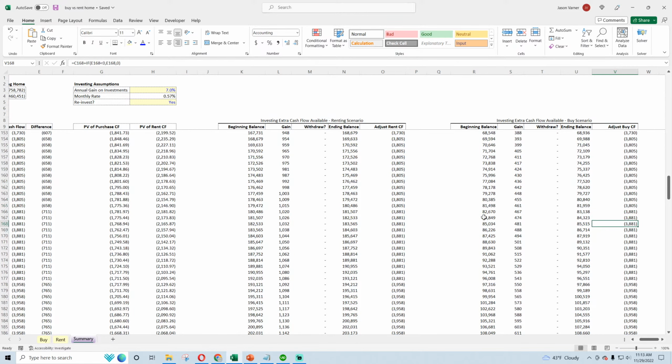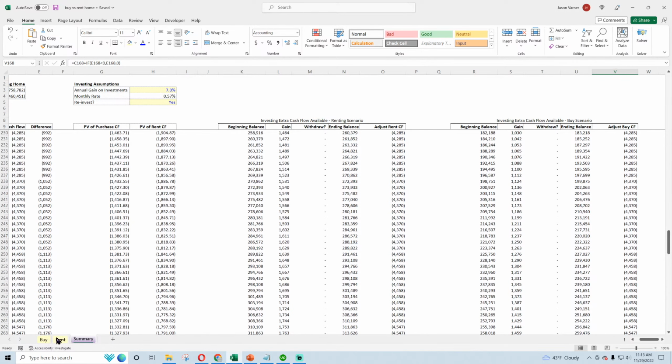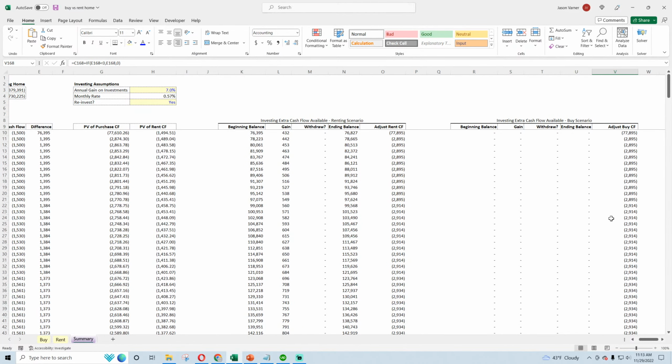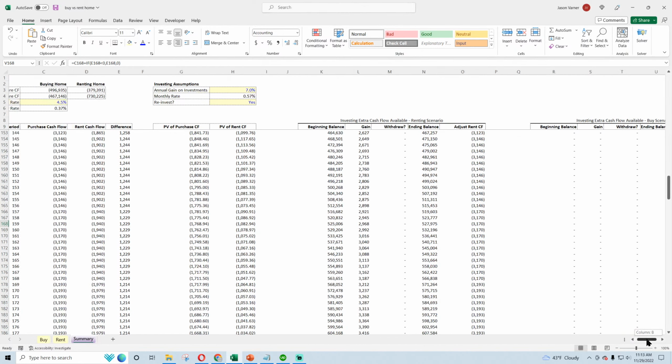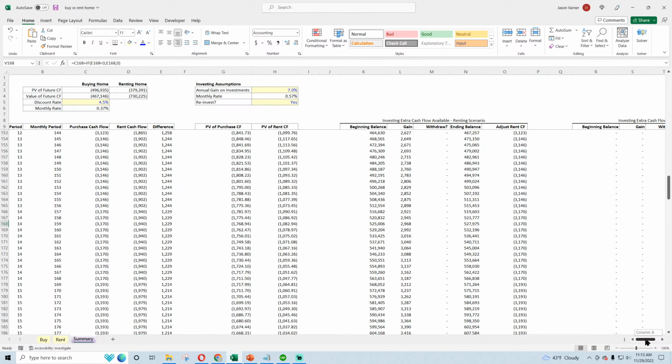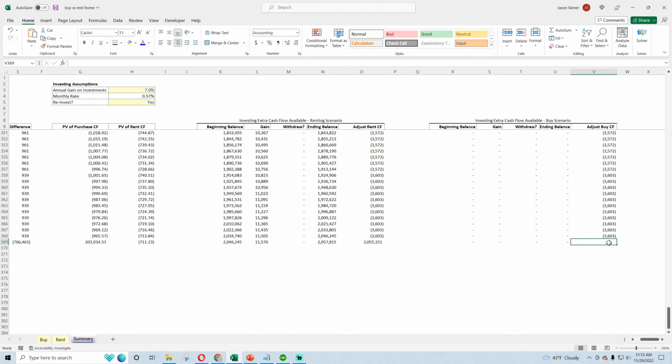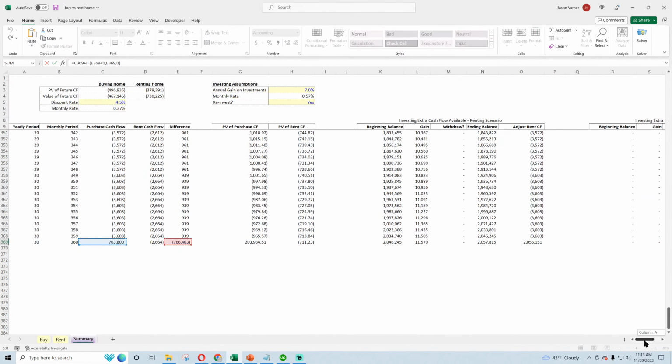Now, these are fine. We're investing the difference if there is one. If there is no difference, let's just make sure, then yeah, your cash flow is essentially the same as what it was the whole time. And then at the end, this formula is fine the whole way except this last period.